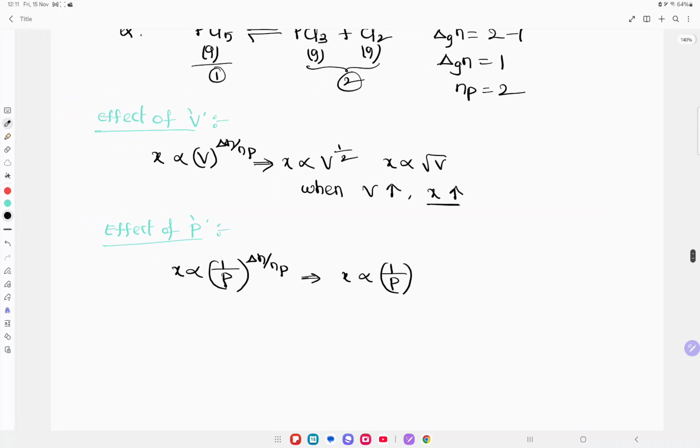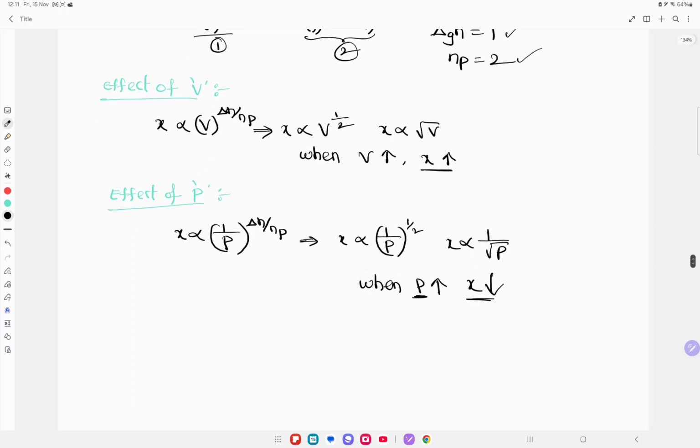Delta n for this reaction is 1. np is equal to 2. So 1 by 2. What does it mean? X is proportional to 1 by root P. That means when the partial pressure of reactant increases, where P denotes partial pressure and PT denotes total pressure, the number of moles of reactant molecules dissociated will decrease.